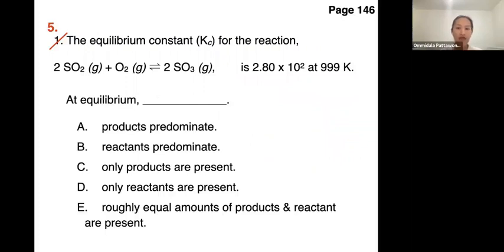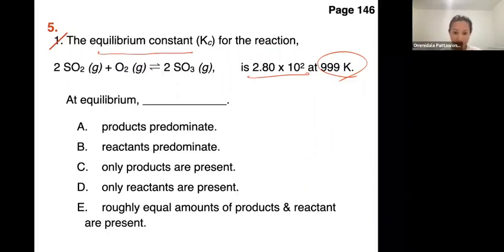Number 5 gives us the reaction and also the equilibrium constant at a certain temperature, and it asks which species is predominant at equilibrium. If the reaction is already at equilibrium, you are going to observe both product and reactant.